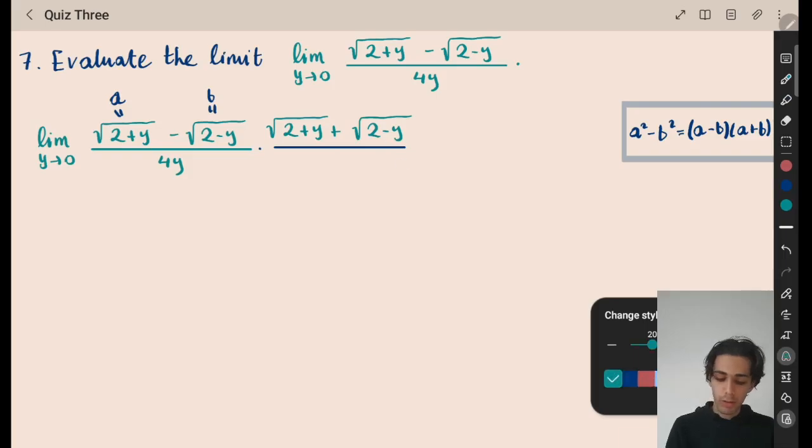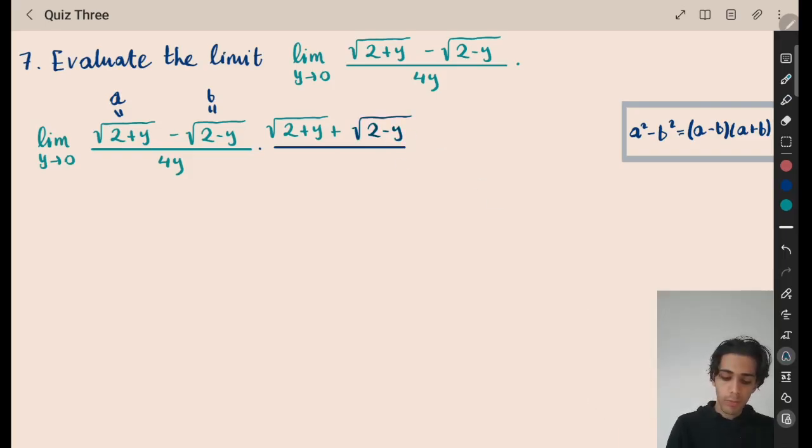Maybe I'll color it in blue. Okay, and so we know that if all of this is happening inside, we know that if we multiply this by that, we will get the square of the first one.